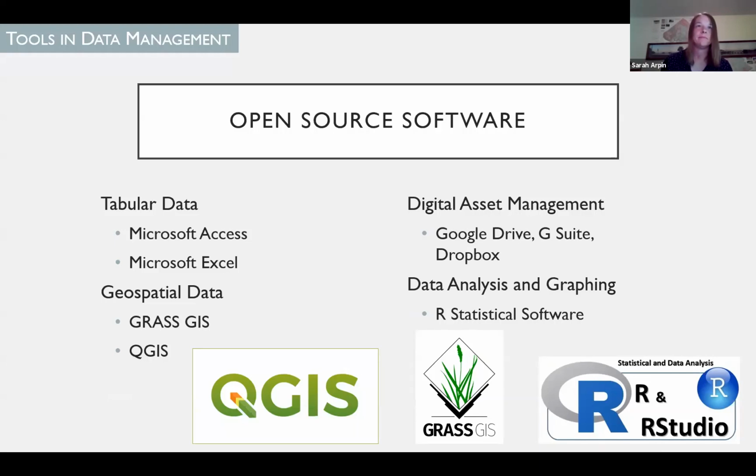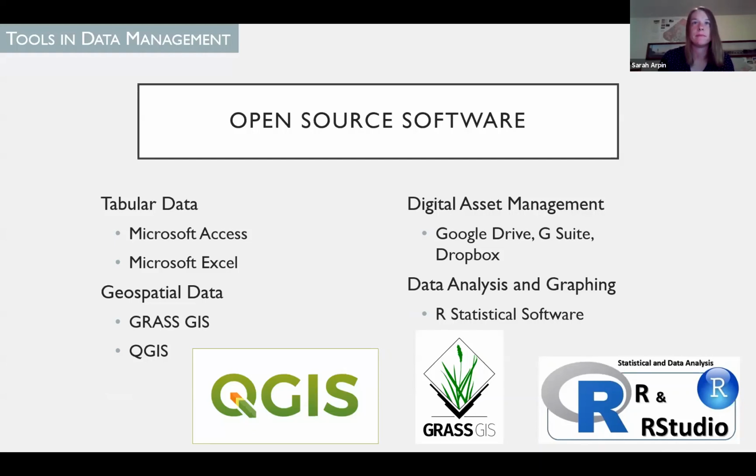They don't do everything that the high-end stuff does, but it probably can cover just about all of your needs. If you can't afford the ESRI products, there's QGIS or GrassGIS, which are more open source GIS. And you can do pretty much most of the same things as you could do with the ESRI products.